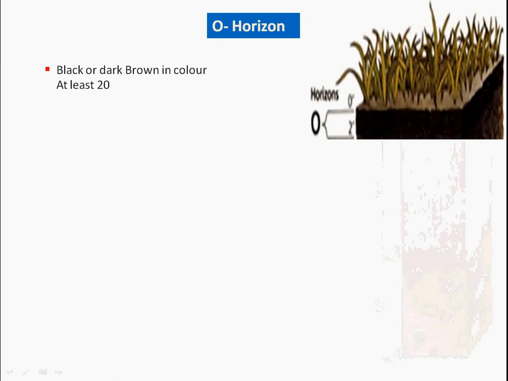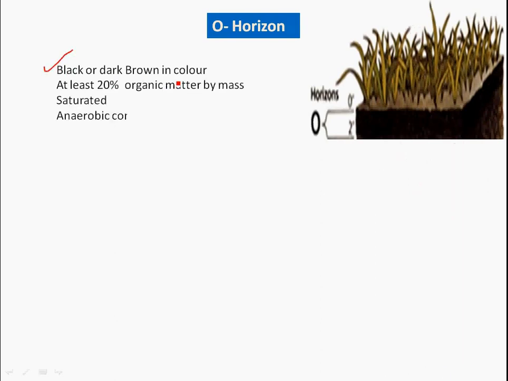The reason is that the color of this horizon is black to dark brown, because of the high organic matter. This type of horizon has at least 20% organic matter by mass, and the condition where it forms is saturated, anaerobic, wetland condition.